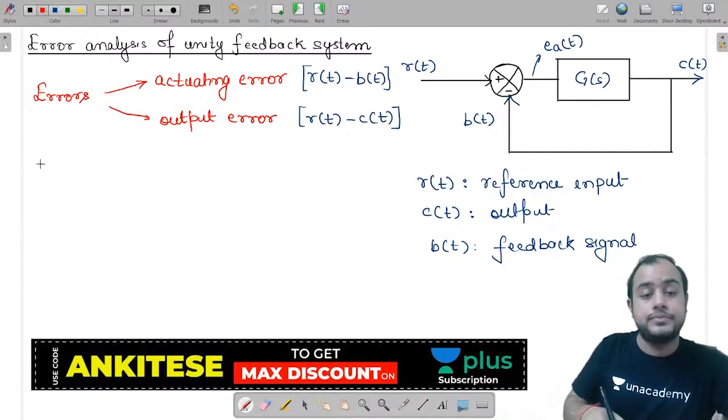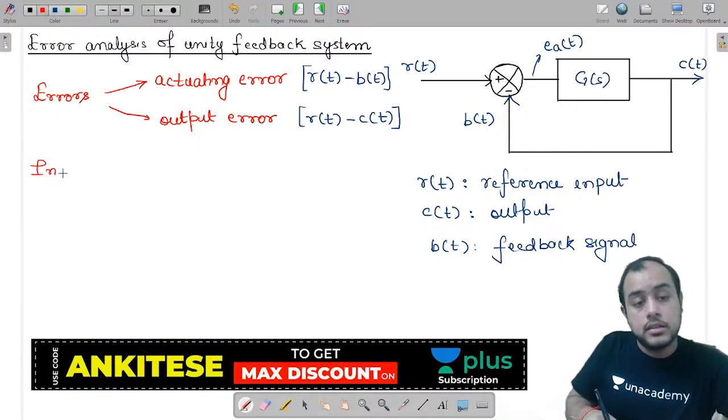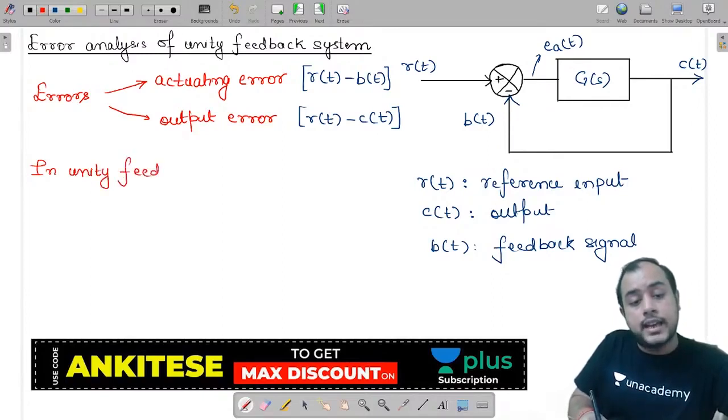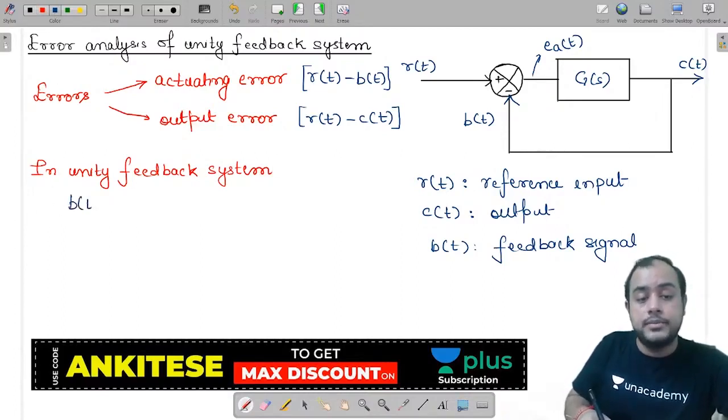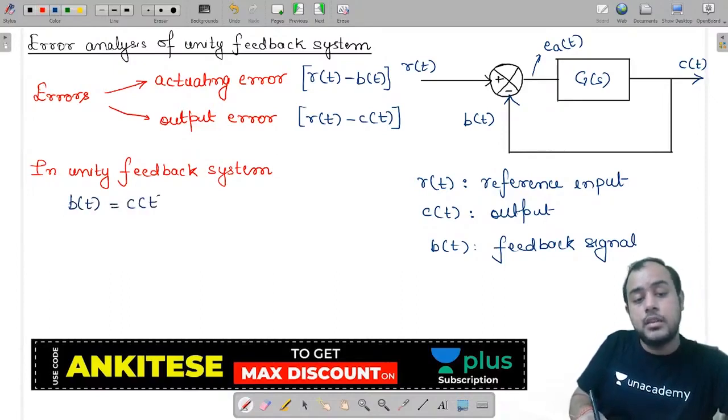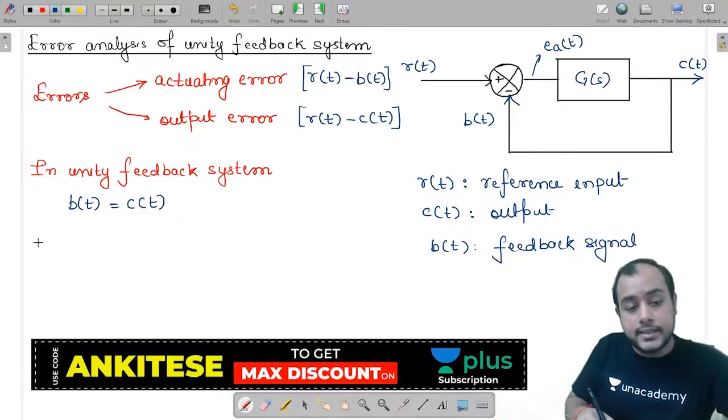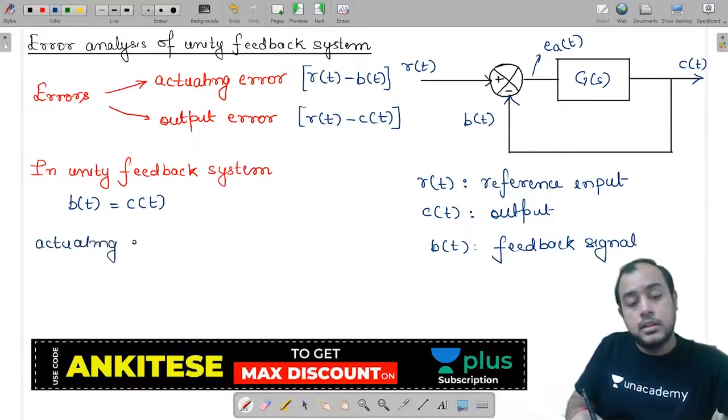Now my friend, what happens is, if you see the diagram of the system, in a unity feedback system, C(t) is equal to B(t). If B(t) and C(t) are same, then actuating error is equal to output error.